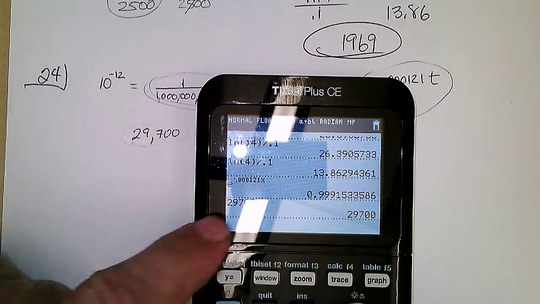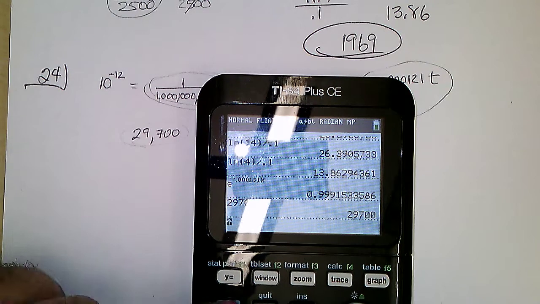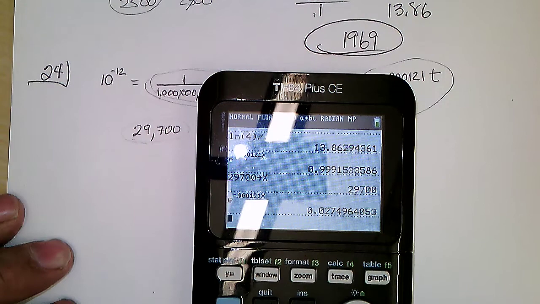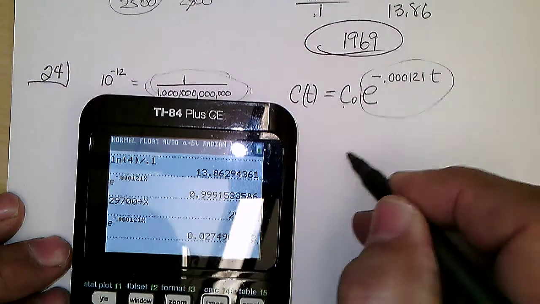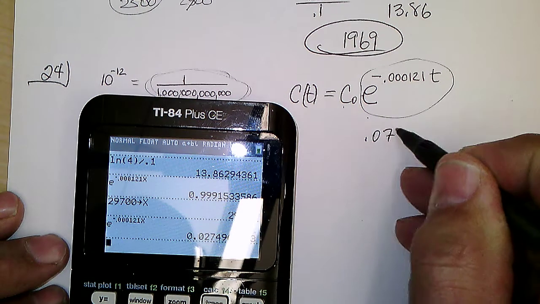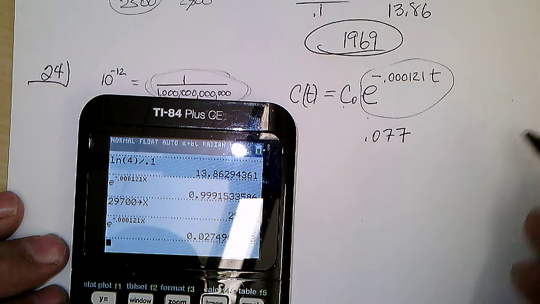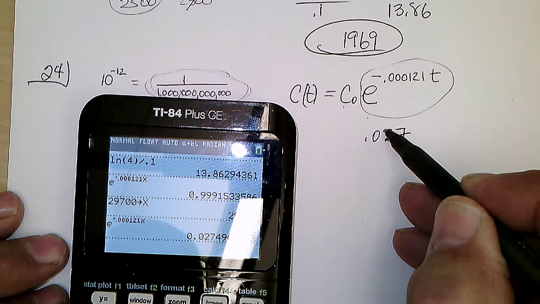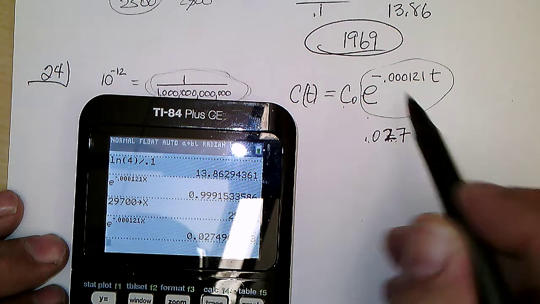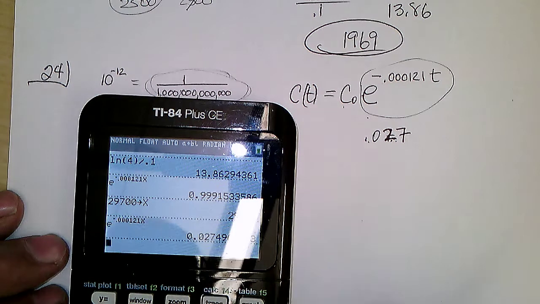Okay, so now I'm going to find out what that is. I'm just going to go back to it. And now the X is the correct X, and this would come out to be 0.027. So about 2.7% of what it originally was.